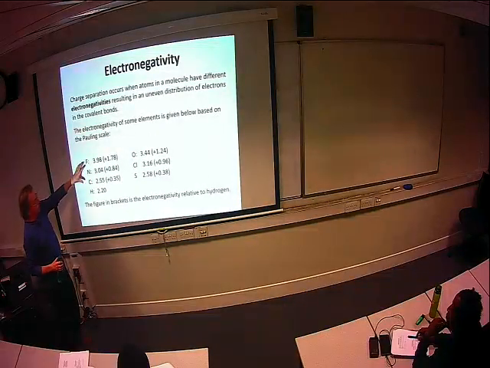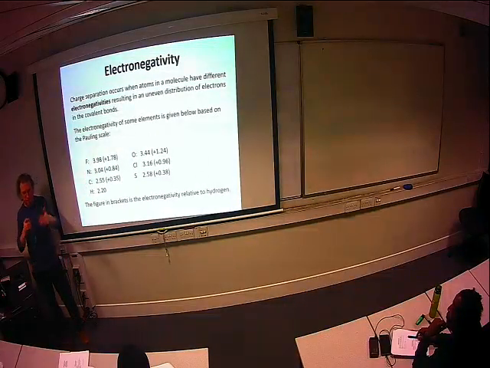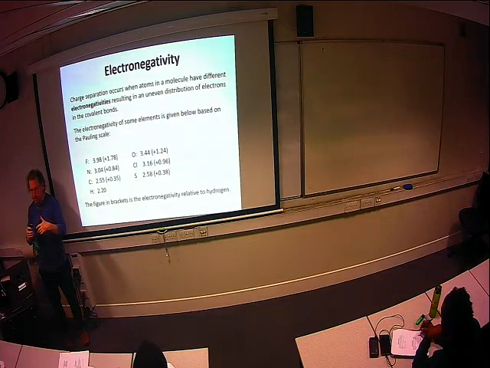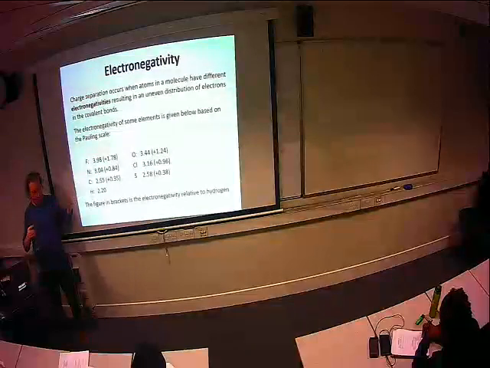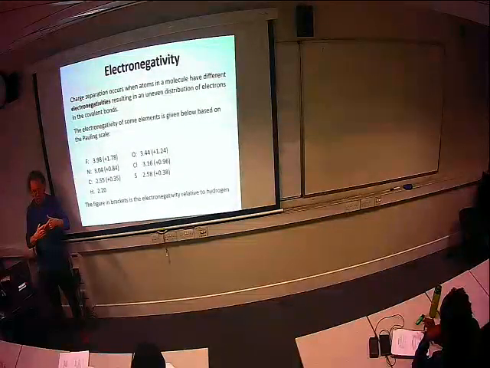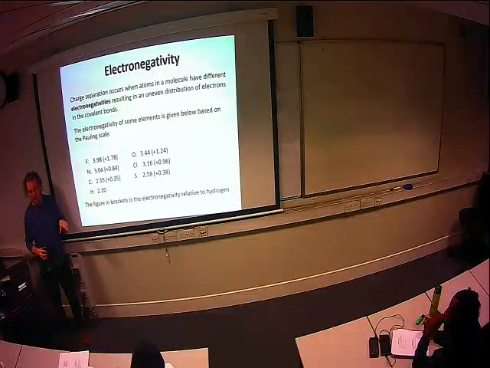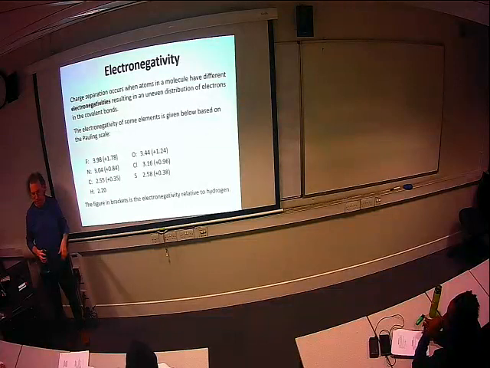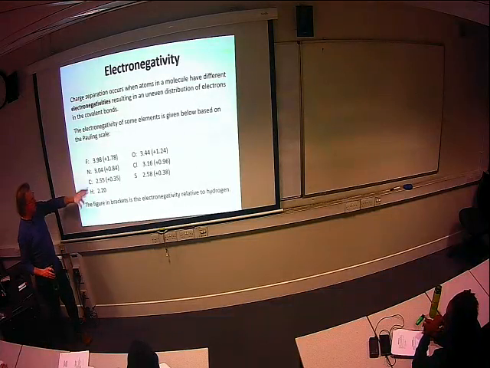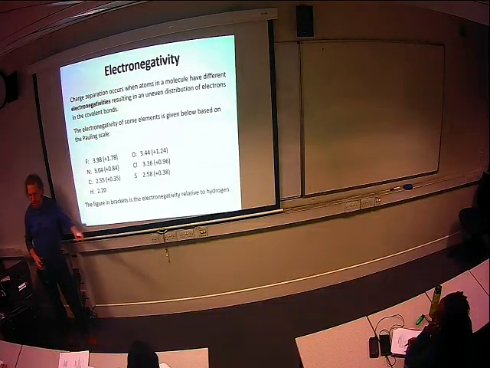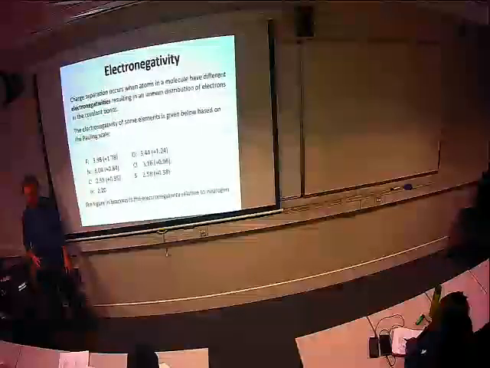If you're thinking about how polarized a particular chemical bond is, you think about which elements are being bonded together, and you look at the difference in these electronegativity values. The most extreme example, actually, things like sodium, potassium, they'd be even lower.